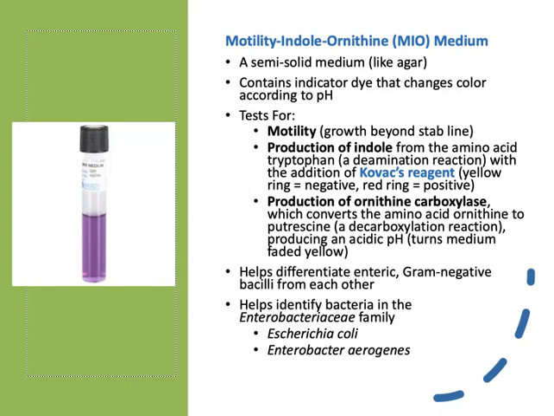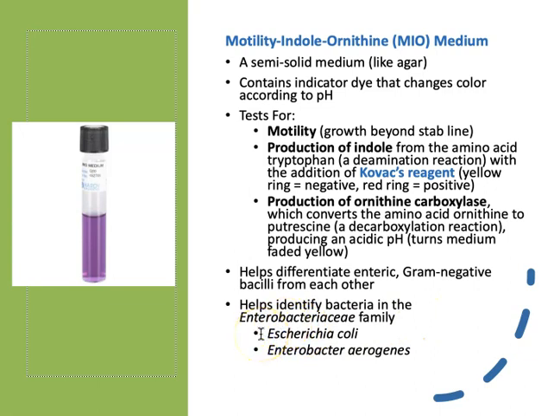Many of the organisms that live in the gastrointestinal tract are gram-negative rods, and they can be hard to differentiate one from another. In particular, the MIO test helps us tell members of the Enterobacteriaceae family apart.